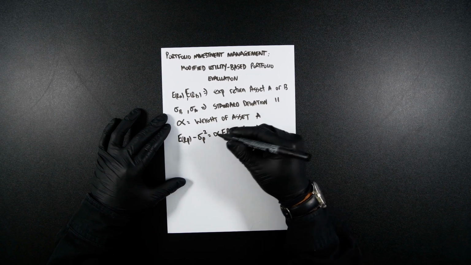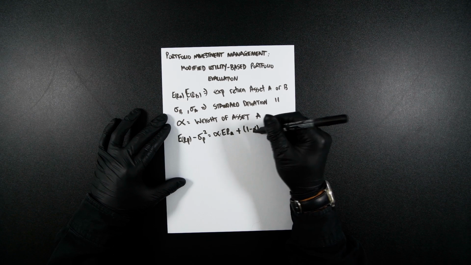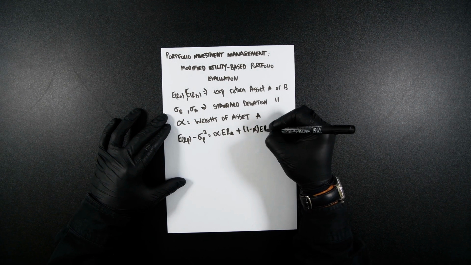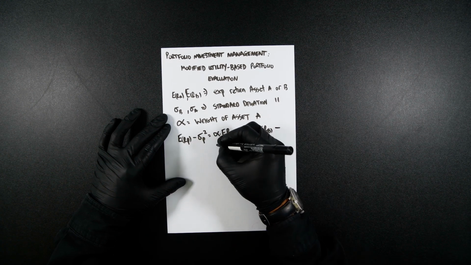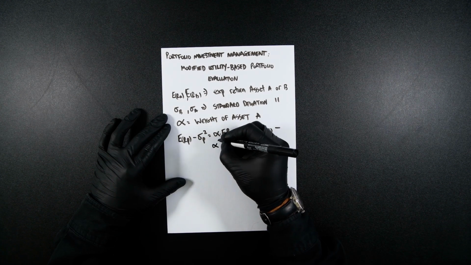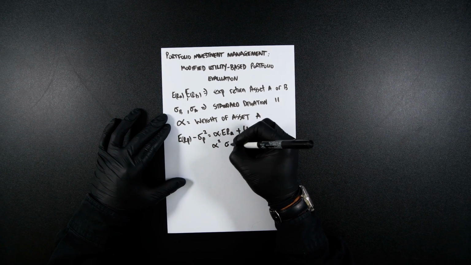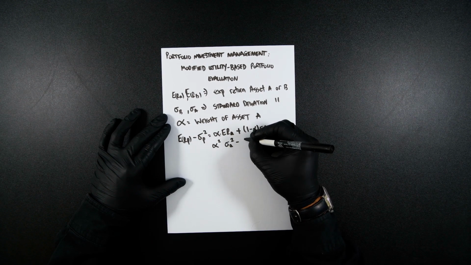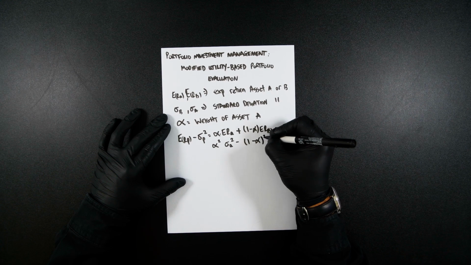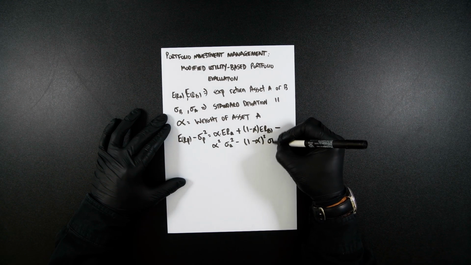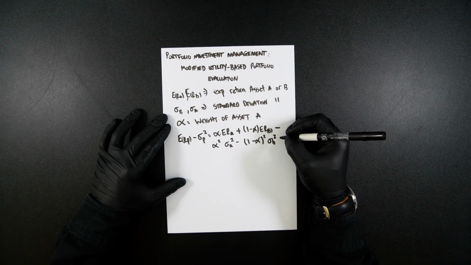So that's the weight of A, the weight of B, ERB. And let's do that minus reverse fish squared, the standard deviation of asset A squared, minus 1 minus reverse fish squared, and then the standard deviation of B squared.